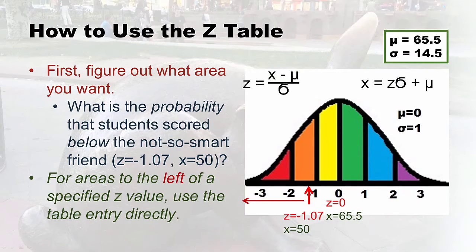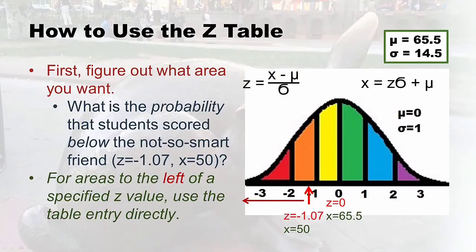So how do you use the z-table? Well, the first thing is you want to figure out what area you want. We're going to start with the not so smart friend because that's a little bit easier to demonstrate. So what is the probability that students scored below the not so smart friend?